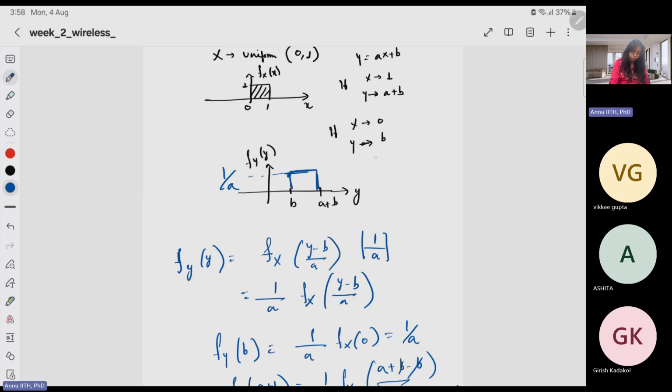So how can you write here? F of y of y is equal to 1 by a, 0 otherwise. So y ranges from b to a plus b. I hope this is clear. We should know how to calculate.